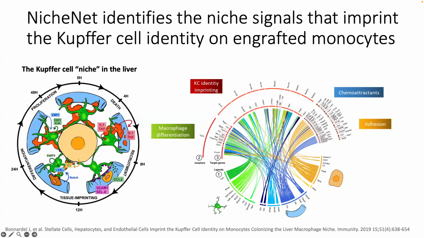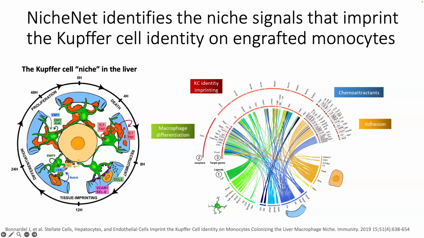For example, you see that these stellate cells, which have interactions shown mostly in green here, do a lot of imprinting on the monocytes to become general macrophages. Then we have a combination of the stellate and the L6 here that are doing Kupffer cell identity imprinting, all these genes here.